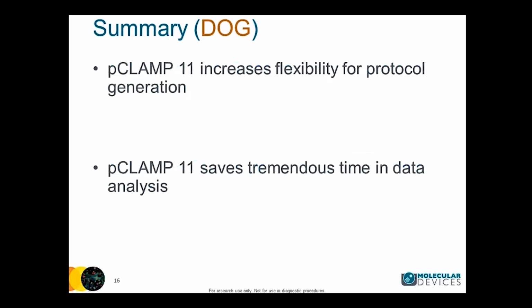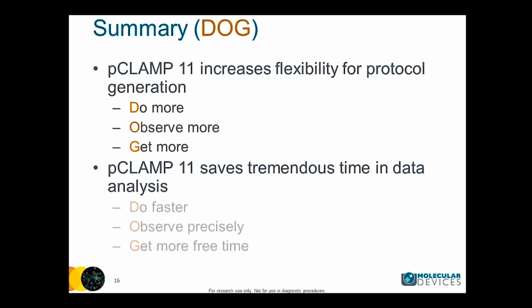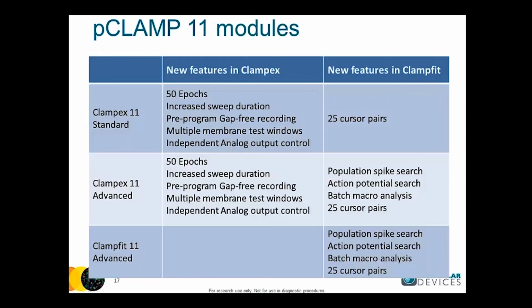So again, in summary, I believe I convinced you that pCLAMP 11 increased the feasibility for protocol generation so that you can do more, observe more scientific excitement, and get more data. And again, pCLAMP 11 also saves time for data analysis. You can work faster, observe precisely, and get more free time for biking, cooking, and doing more experiments.